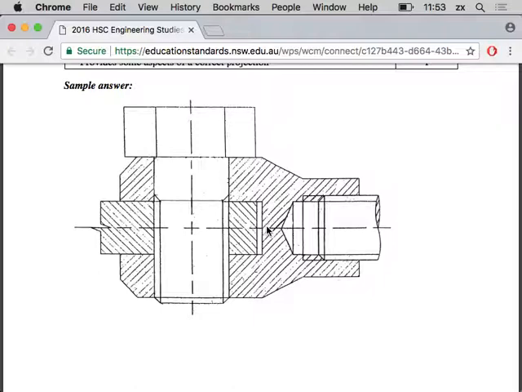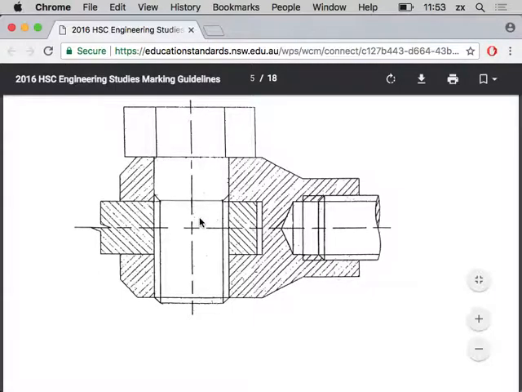Your dark lines should only be things that are actually being cut through. If you're not cutting through it, if it's something in the background, or if it's a center line, or if it's sectioning, well actually center line should be thin dark lines. I take that back. But thick dark lines should only be things you're actually cutting through. Your section lines should be thin light lines.